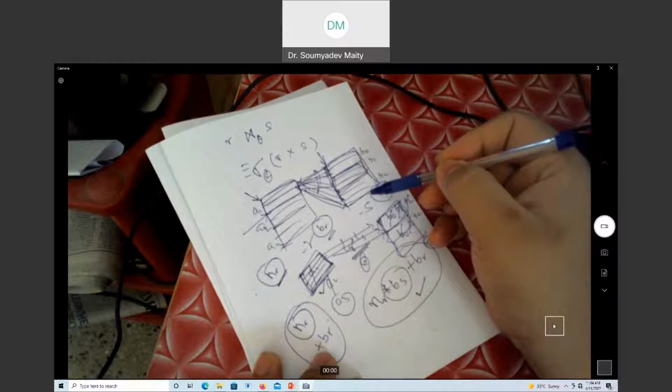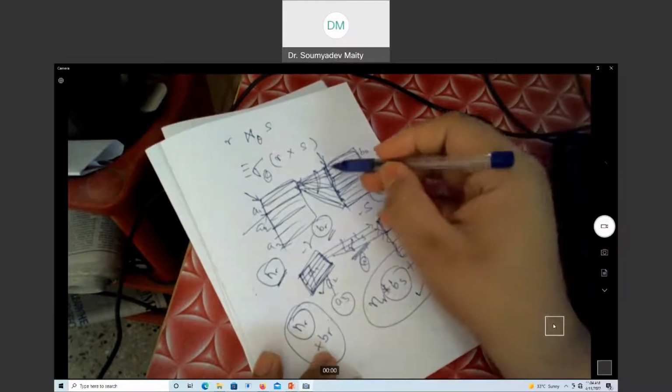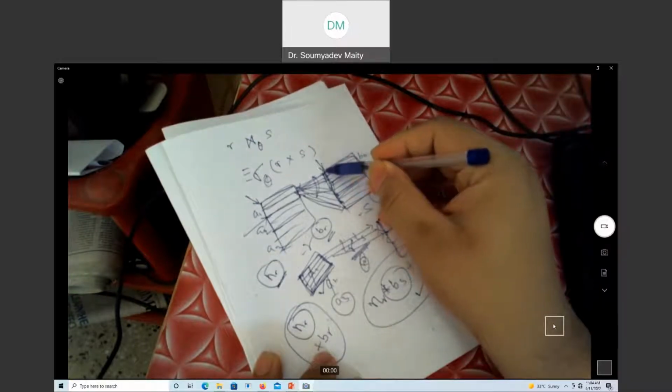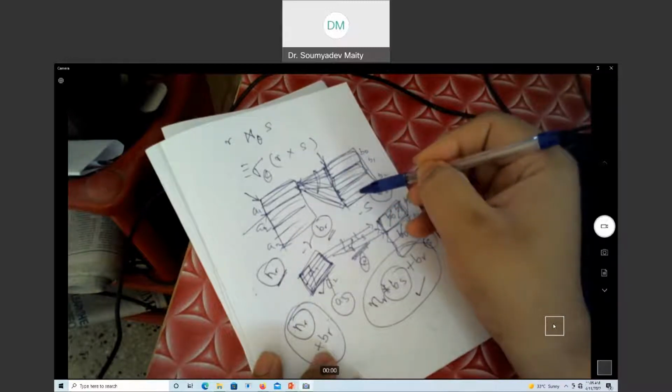So how many block transfers will be required? When you have to read this file, you set the head at the beginning of the file and read the consecutive blocks.